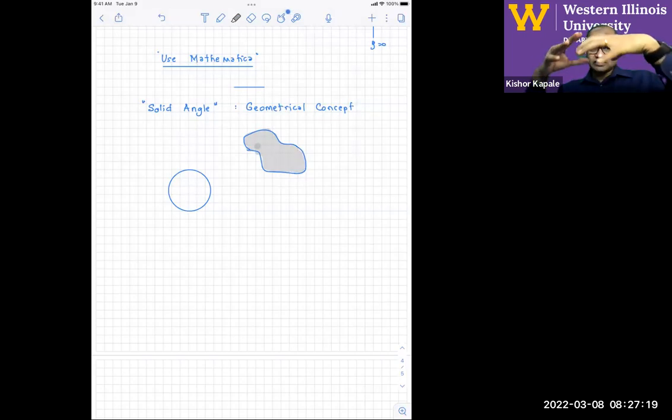It's a 3D surface, so it's not necessarily spherically symmetric. It may have random kinks and stuff. What we want to do is find the solid angle projected by this at point O.